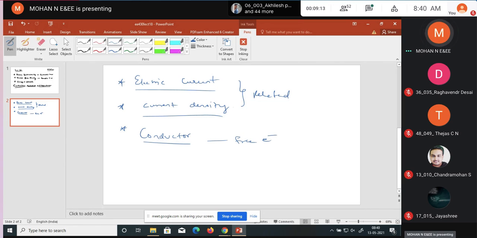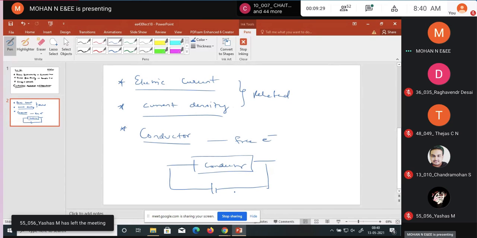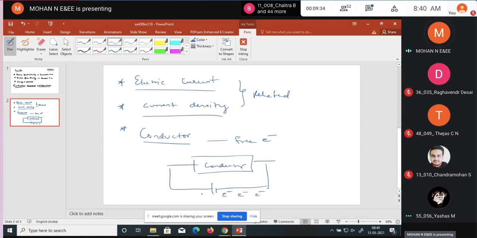When these free electrons are subjected to some external energy, what would happen? The electrons will move from the negative to the positive terminal. This is the actual flow of electrons, which passes through and reaches the positive terminal.